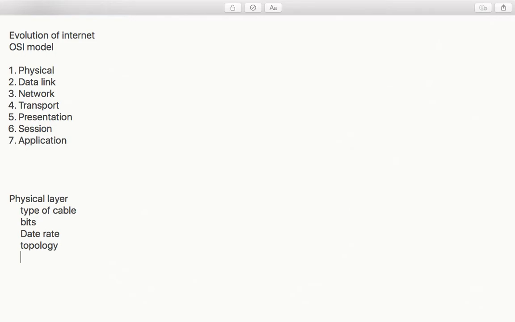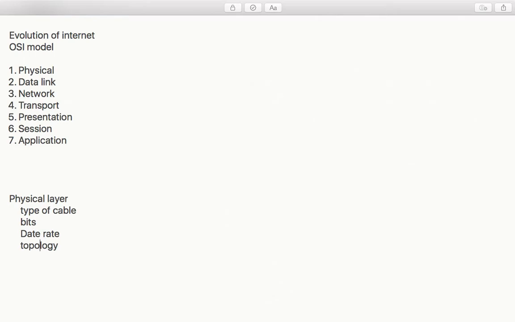We have different kinds of topologies. If you go in depth, we have bus topology, star, mesh, and ring, about 4 to 5 topologies. So the physical structure in which you have laid your network is your topology. This will also be taken care of by your physical layer.